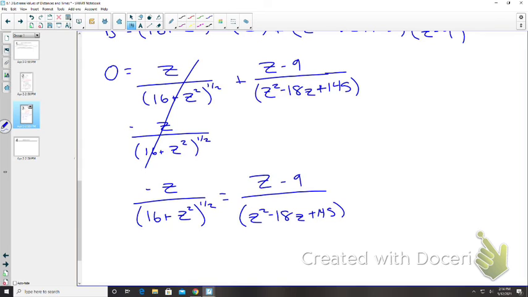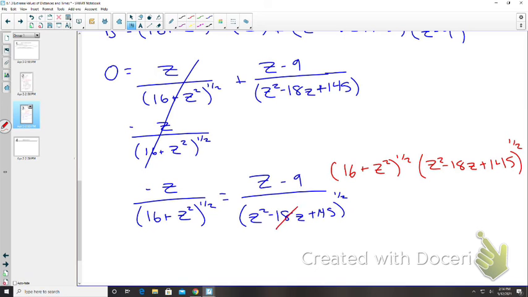Okay, now we have square roots in the bottom, so let's get rid of those. So we will multiply both sides by the denominators in each of our functions. I'm going to multiply this side by 16 plus z squared to the 1/2, multiplied by z squared minus 18z plus 145 to the 1/2.